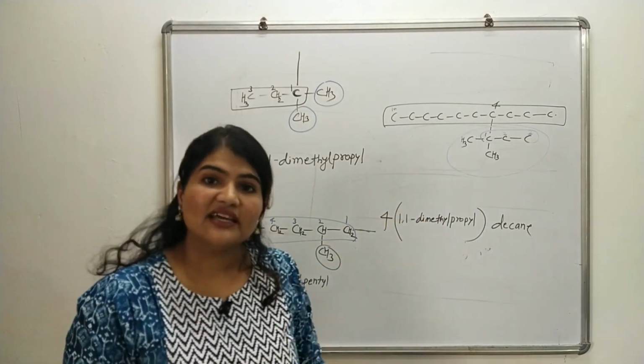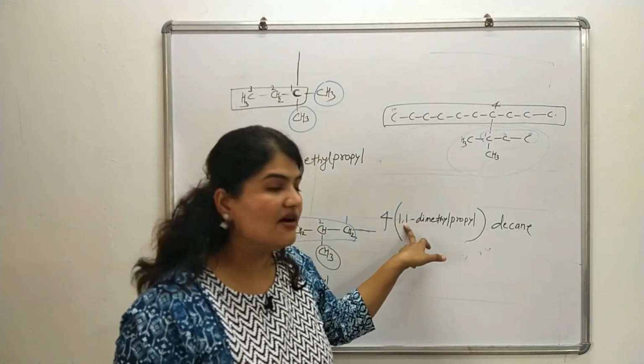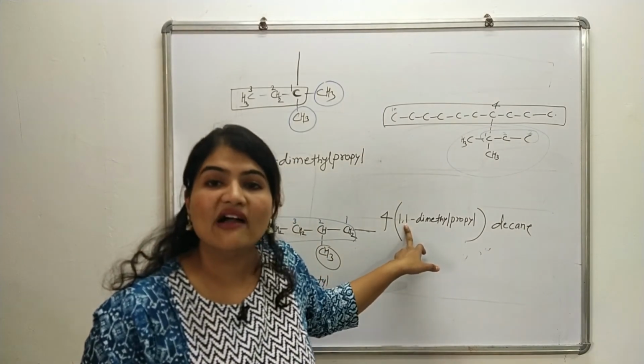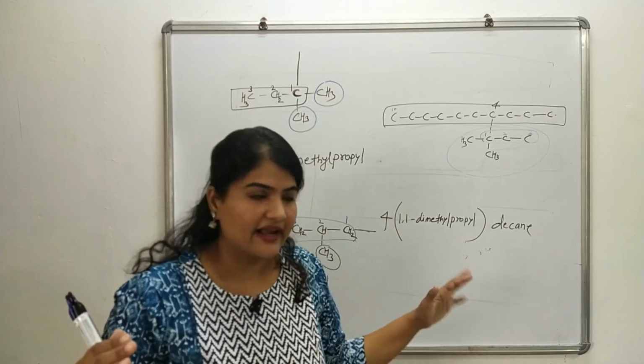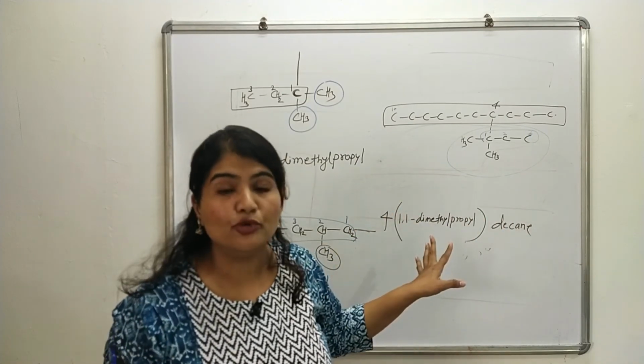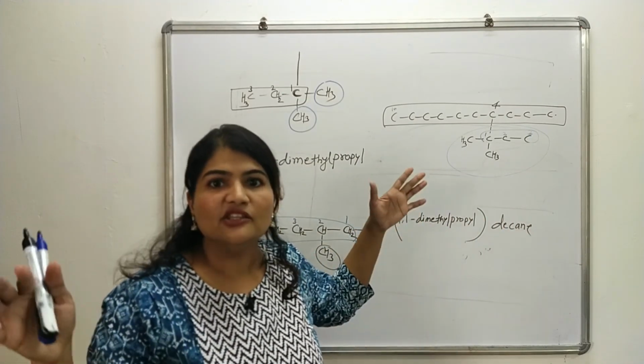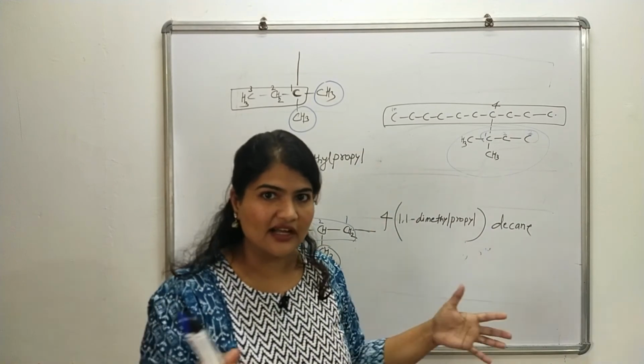So whenever there are numbers mentioned in the nomenclature of alkyl groups, you have to keep that name of the alkyl group inside a bracket, and then you put it at the appropriate place in the name of the compound.